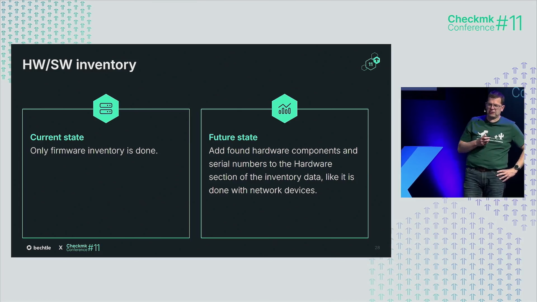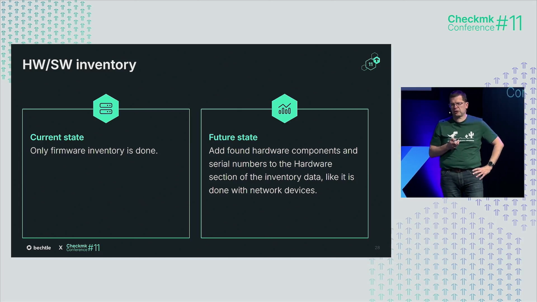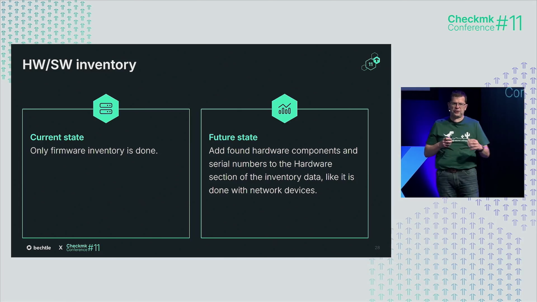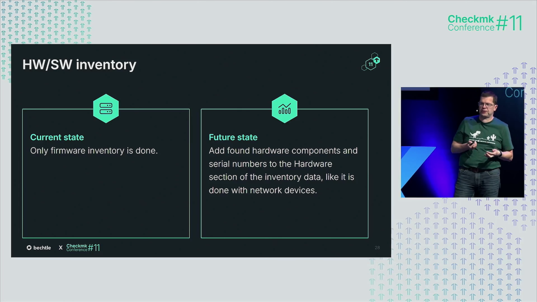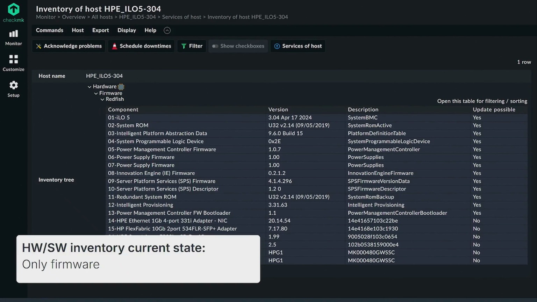The target of the future hardware-software inventory should be a system like you know it from the hardware-software inventory of network devices, where you see your chassis, your line cards, your SFPs, and so on. And this is the current situation with only the software inventory.